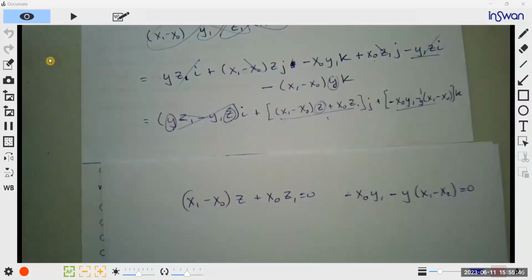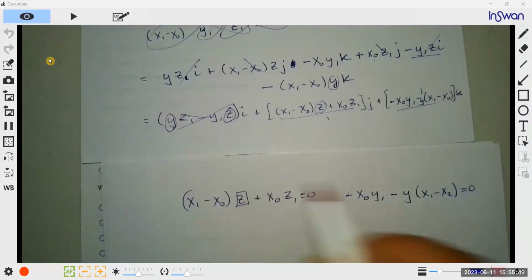Okay, so in this one I solve for z, and in this one I solve for y.